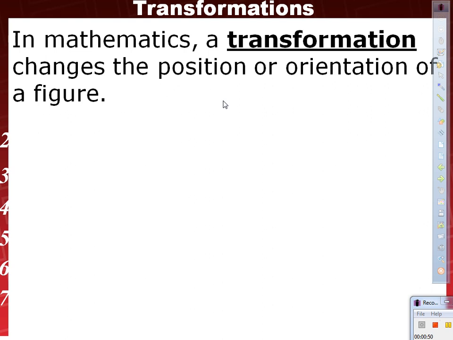For example, let's say this class, we have our seating arrangement right now, like this, but I will transform the seating arrangement by moving one person to a different position. And most teachers do that because some of the students get in trouble.